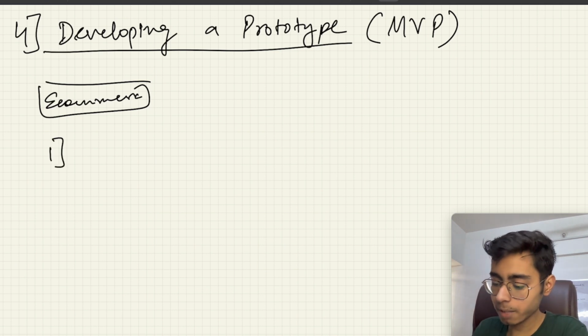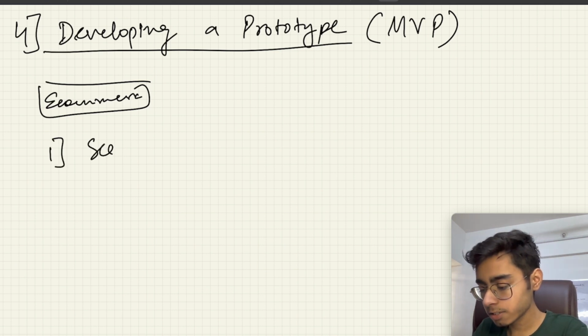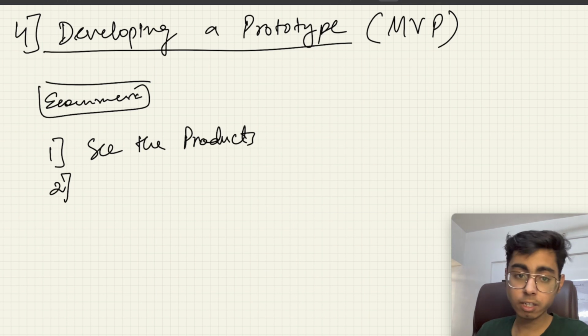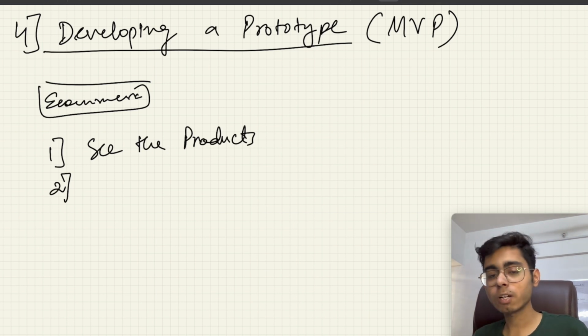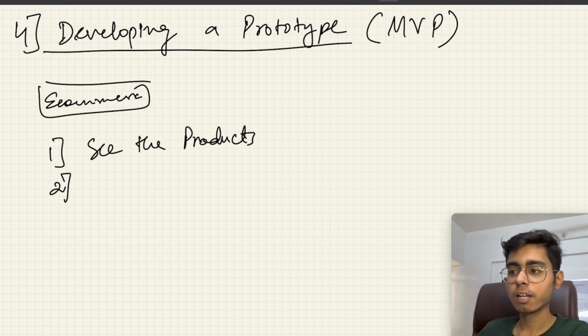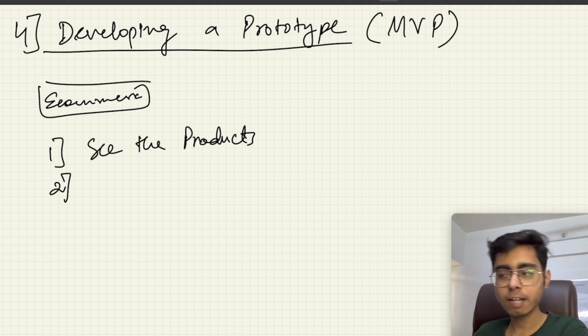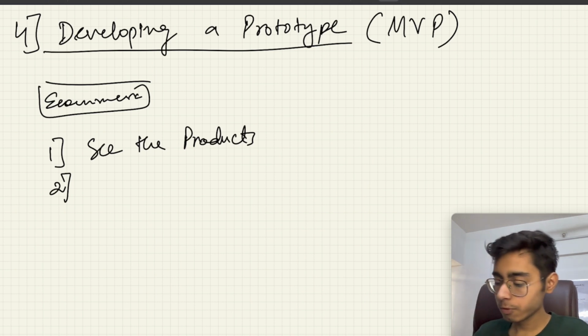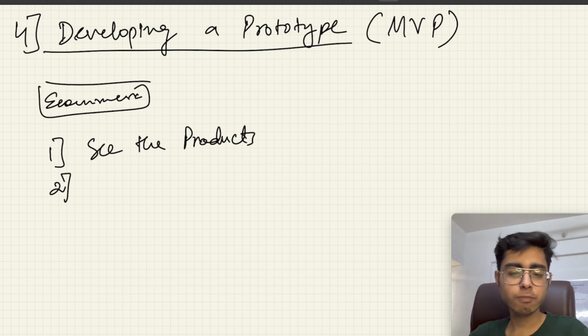The user should be able to see the products. Sign up and sign in I have not included, because an e-commerce product can work without sign up and sign in until the person is creating an order. At order creation, you can take some address and user data, but for the minimum viable product, the first key feature is seeing the products.